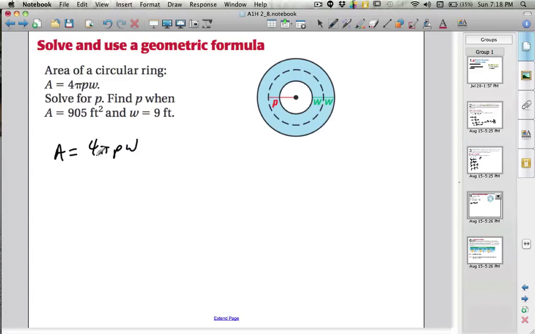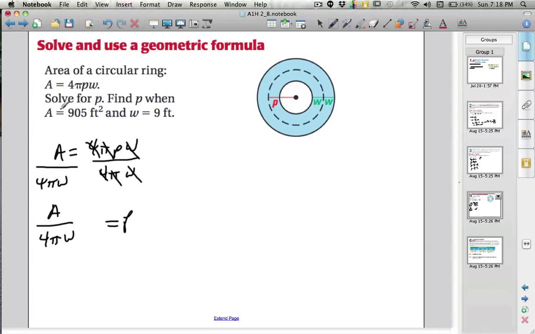You'll notice all of these items are being multiplied, so to solve for p, all I have to do is divide by 4 pi w. 4 cancels the 4, the pi cancels the pi, the w cancels the w, and I'm left with p is equal to area divided by 4 pi w.